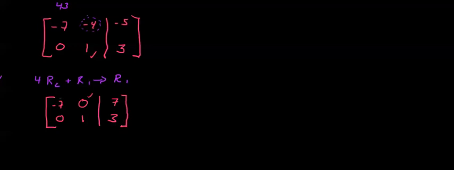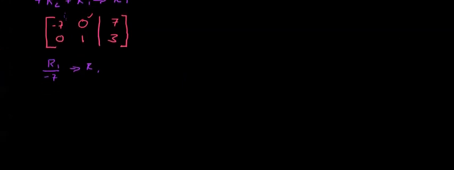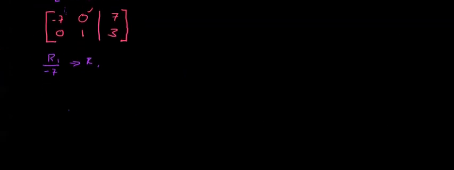Now, I want this guy right here to be a 1. That's a 1. So I'm going to take row 1, divide it by negative 7, and replace row 1 with that. So, negative 7 divided by negative 7 is 1.